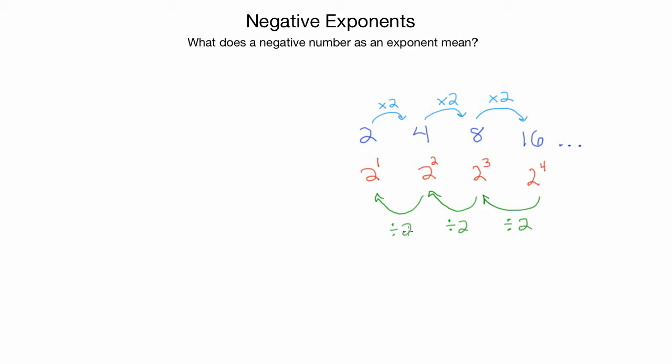Now, if the pattern can go on indefinitely to the right, what if I keep decreasing this pattern going to the left? What would be the next number in this pattern? Well, I would divide by 2, and 2 divided by 2 gets me to 1.